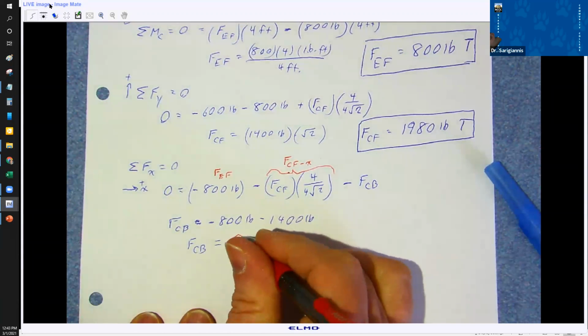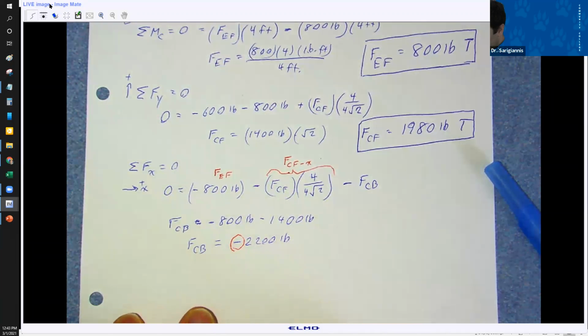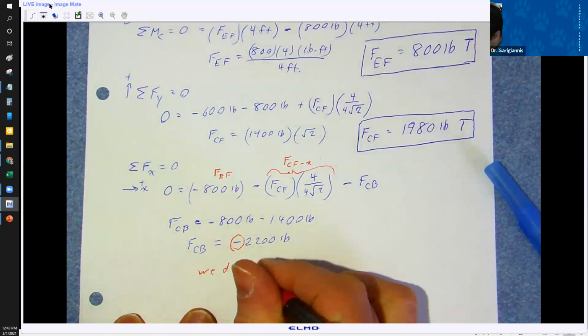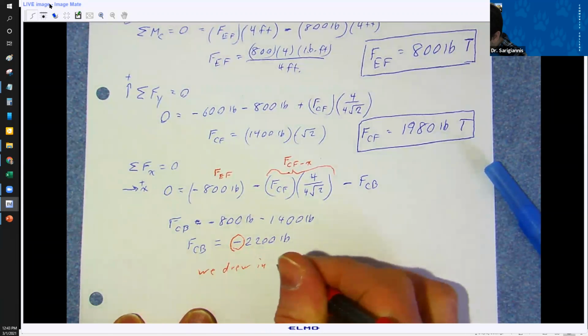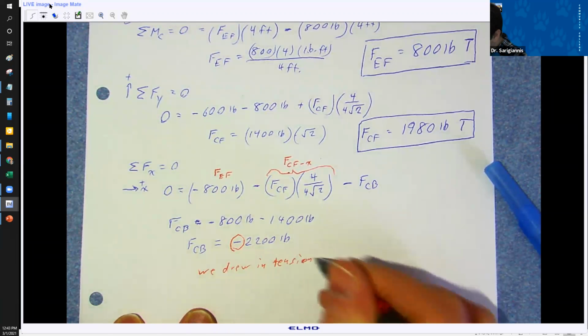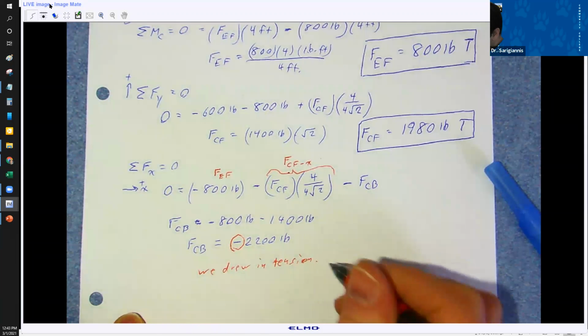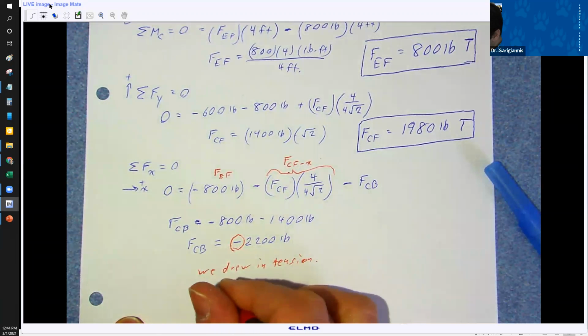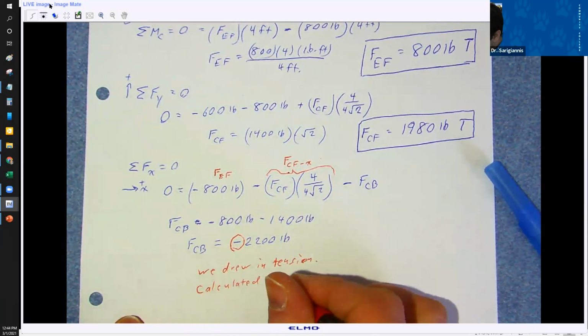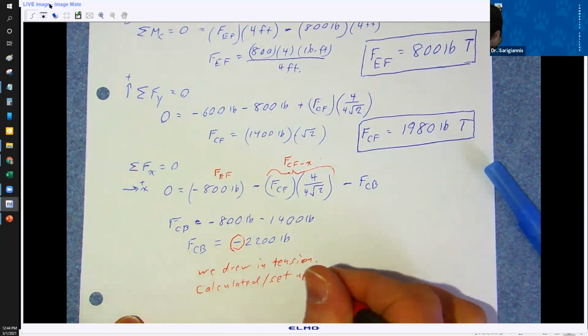All right, notice the negative sign. So we drew tension, calculated or set up formulas, right?